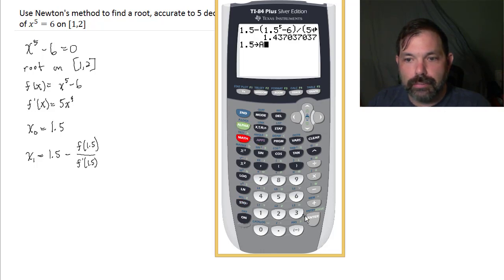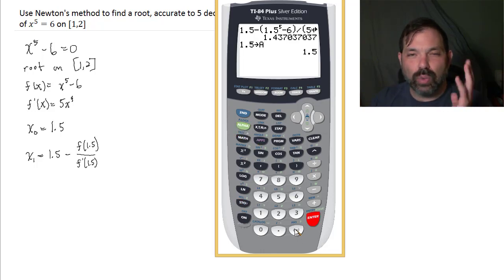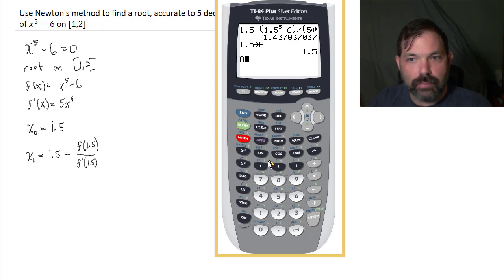I'm going to call it A. I hit enter, and so now 1.5 is stored as A. So now I'm going to take the A value and subtract alpha A to the 5th minus 6 divided by 5A to the 4th.